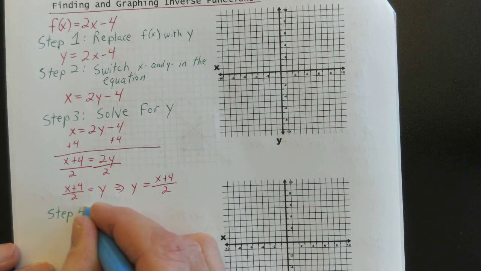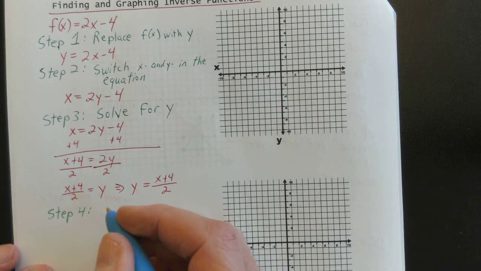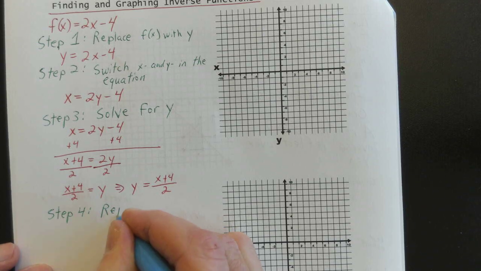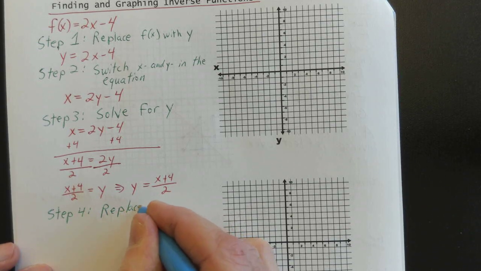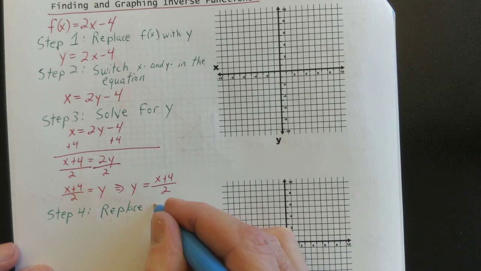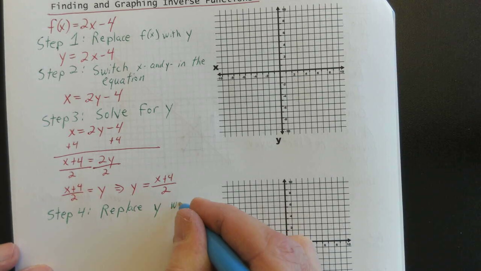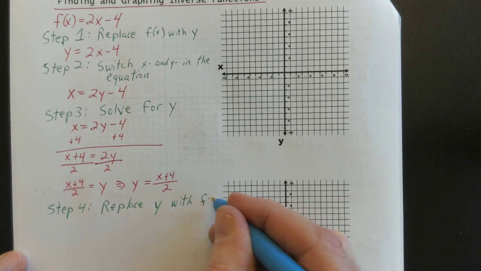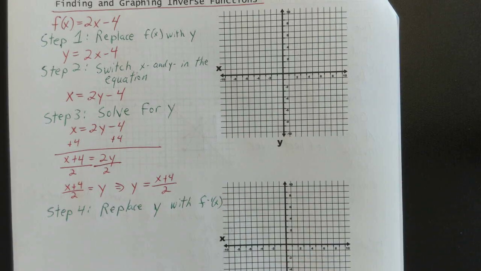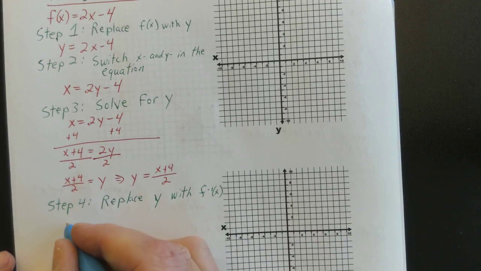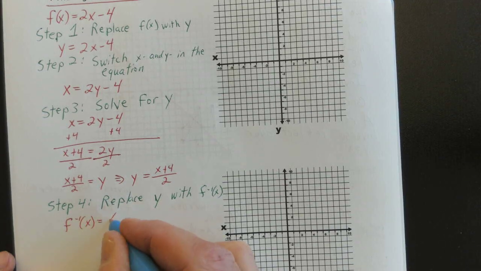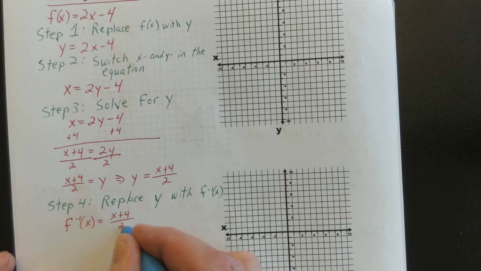Step 4. Let's go back and replace the y now with function notation. Because it's the inverse of f, we'll replace y with the inverse function of x. So the inverse function of x is equal to x plus 4 over 2.